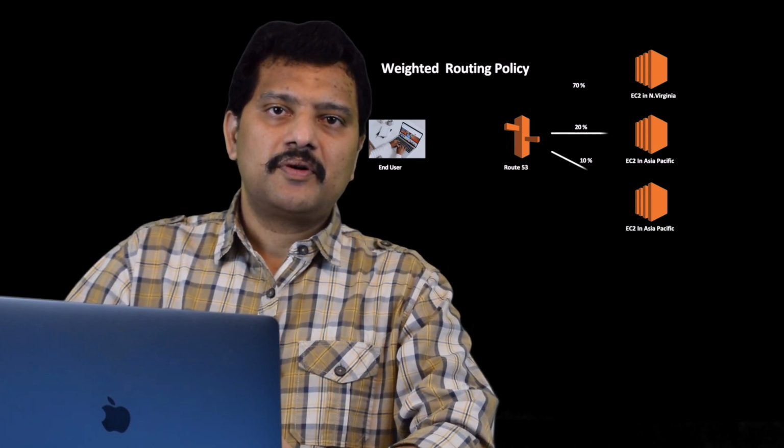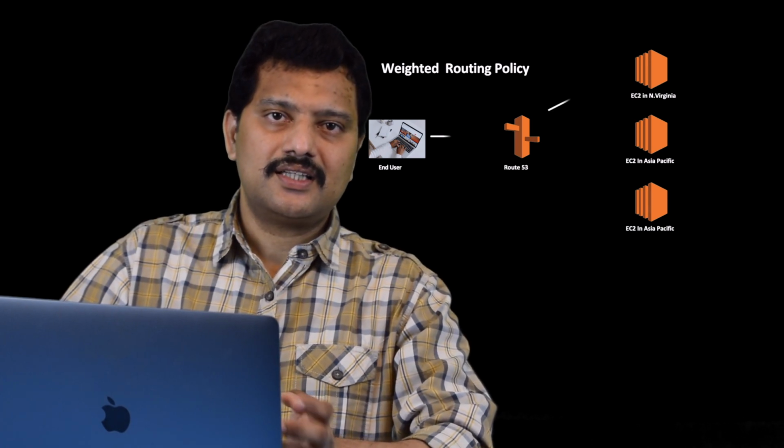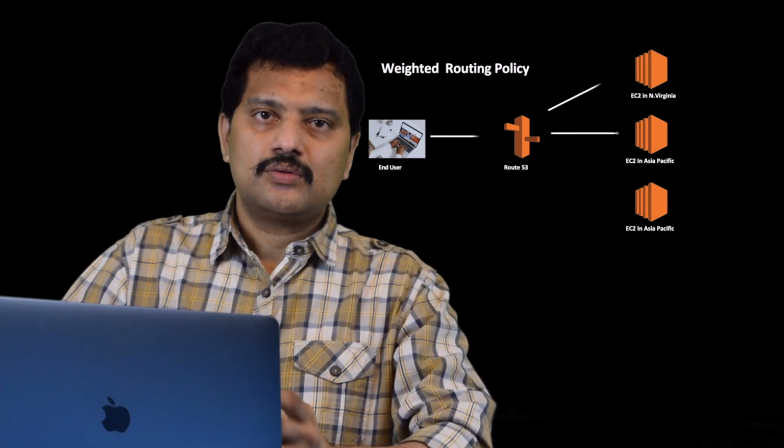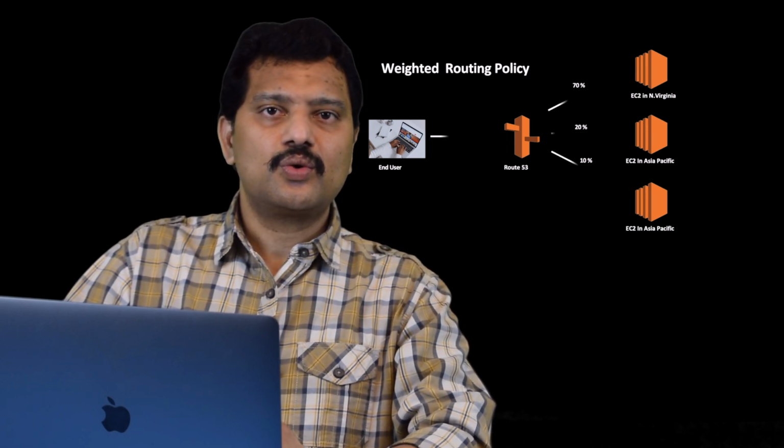So in the preparation of the infrastructure, I have 3 EC2 instances prepared in 3 different regions. Now I'm going to use those 3 EC2 instances in different regions to route my requests based on the weightage that I'm giving to them.